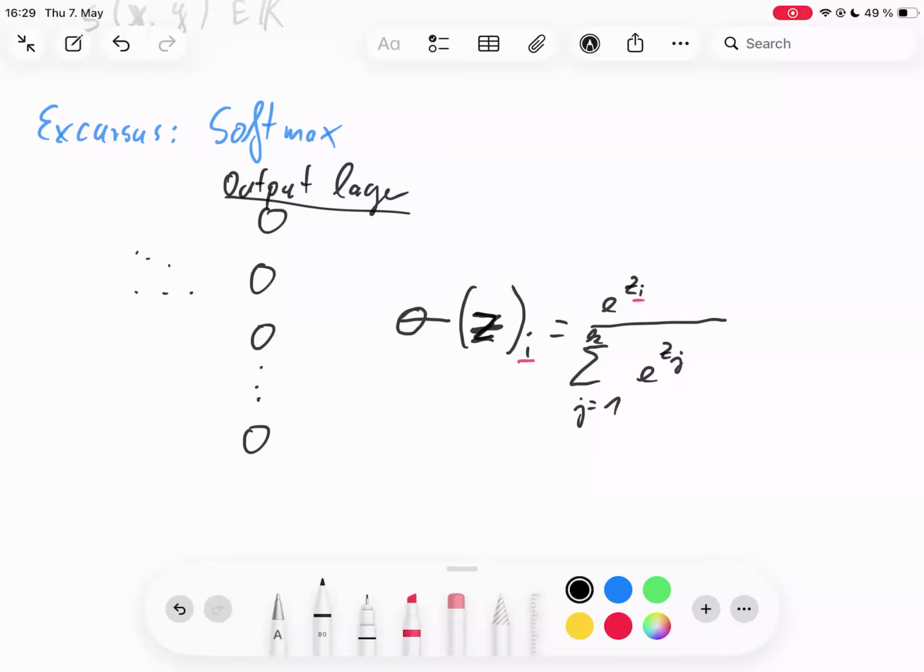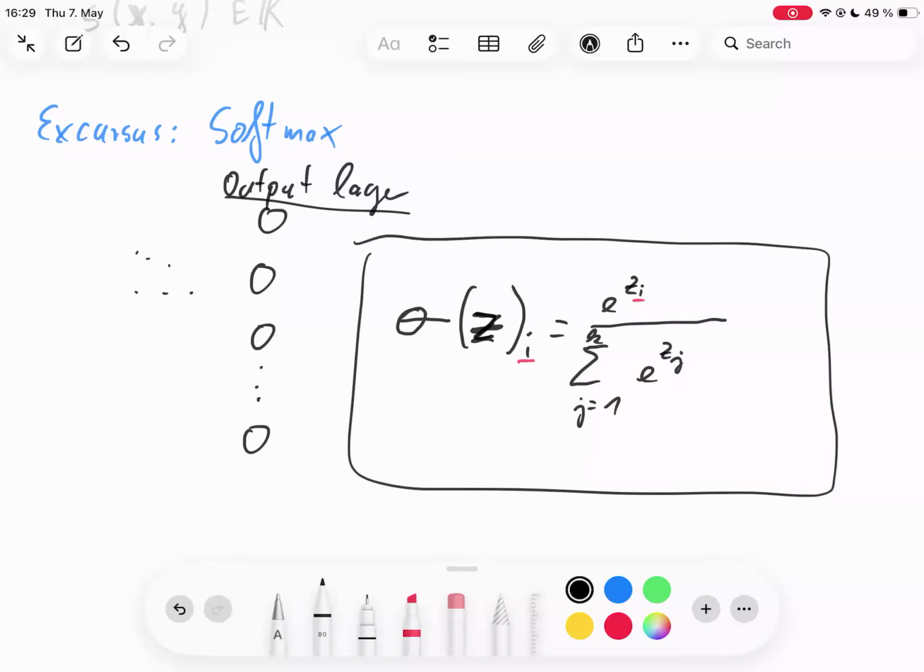So this is the softmax definition, and then I would apply this softmax function to every entry in Z, and eventually I would have guaranteed that the entries in the new Z add up to 1, and that the big components get amplified and the low ones would be even more diminished.